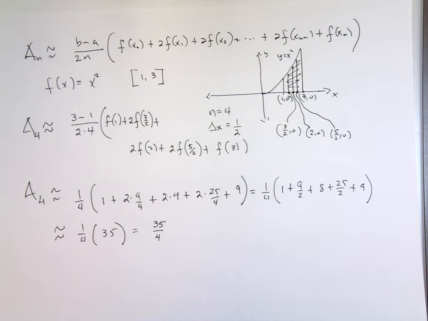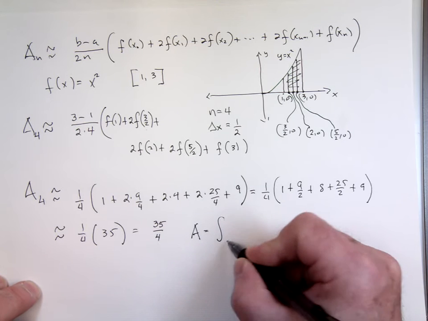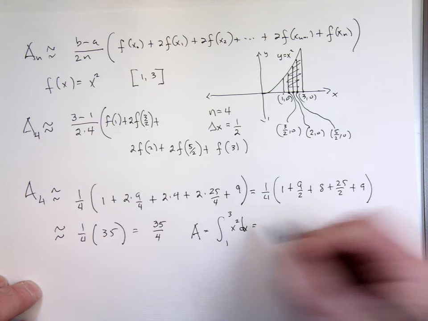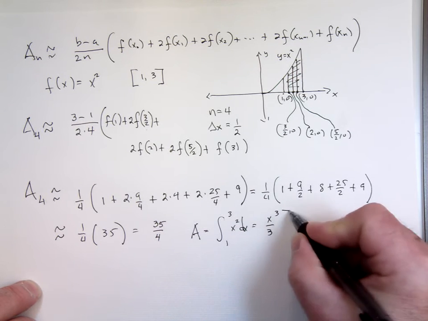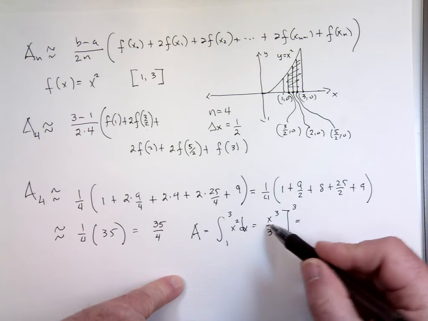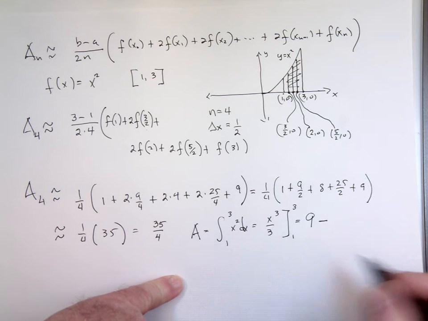35/4 is 8.75, 8 3/4. How good an approximation is this? Well, let's find out. The exact area is the integral from 1 to 3 of this function, x cubed over 3 from 1 to 3. We get 3 cubed, 27 over 3 is 9, minus 1/3.